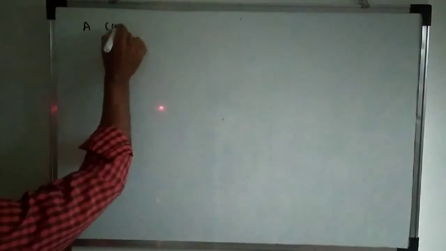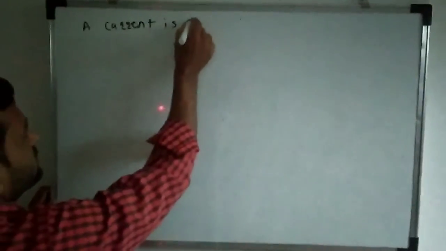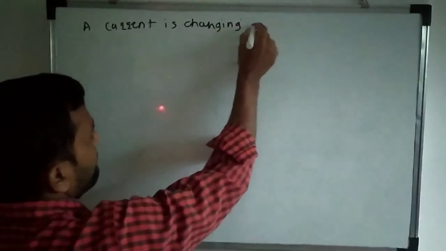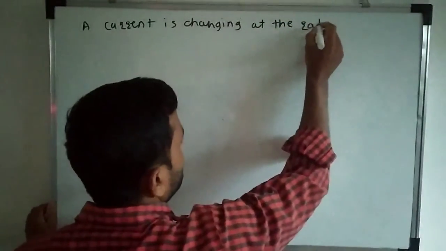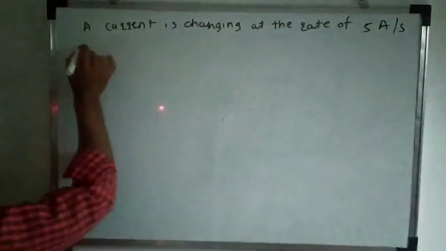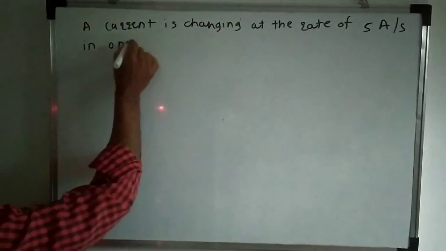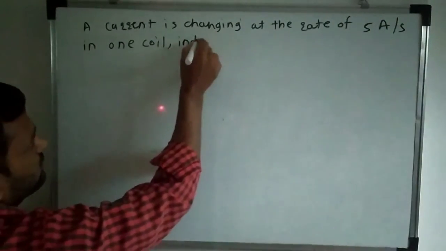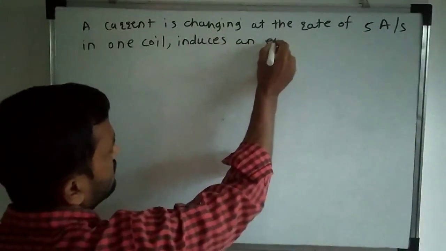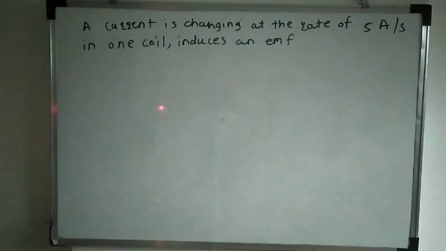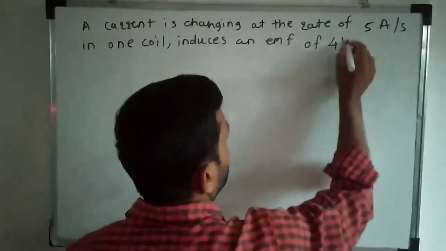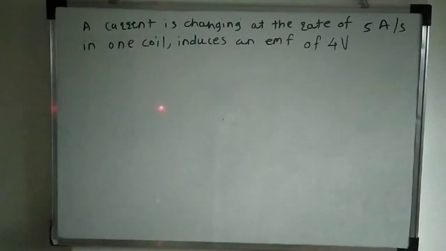What is the numerical? A current is changing at the rate of 5 ampere per second in one coil and induces an EMF of 4 volt in the second coil.